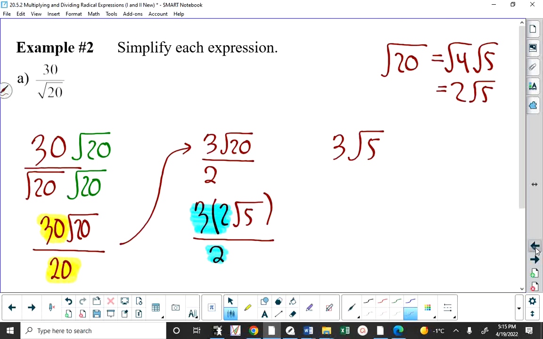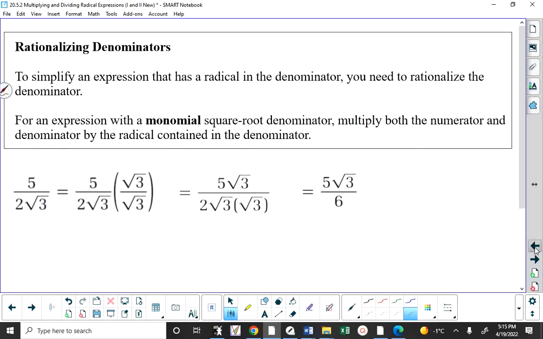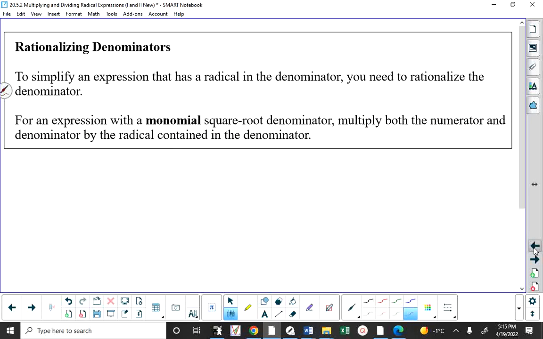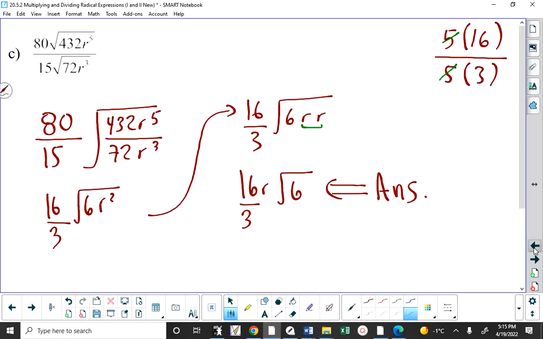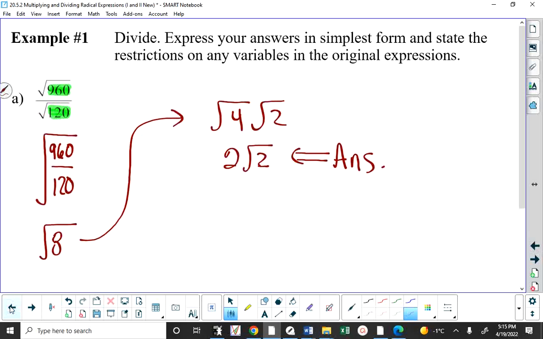There were no variables in number 2a. I don't think there were any variables in question 1 at all. Oh, there was. So in terms of the original expression, and you want to be careful here as to how this is worded, it talks about restrictions in the original expression.